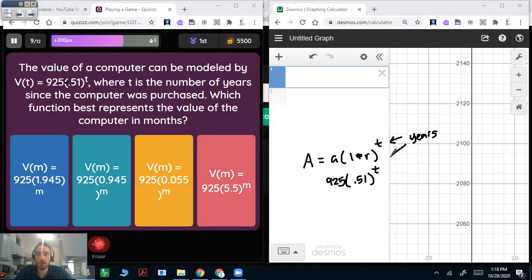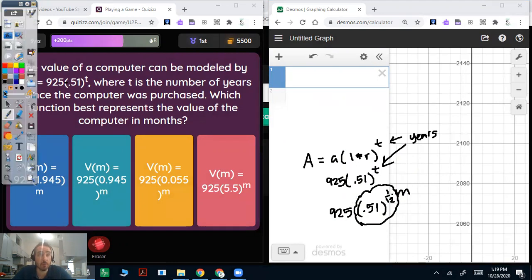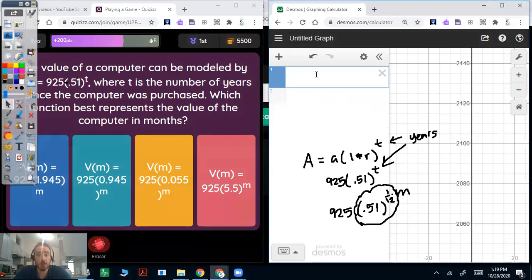But if I want to know what that is in months, I have to convert this to 1 over 12. That's the same thing as saying 1 over 12 times the months. And we're going to figure out what 0.51 to the 1 over 12 is. So 0.51 to the 1 over 12 gets put into your calculator, and you get 0.945433197848, and so on.